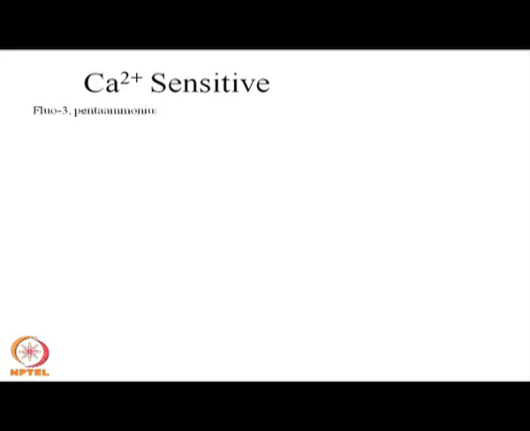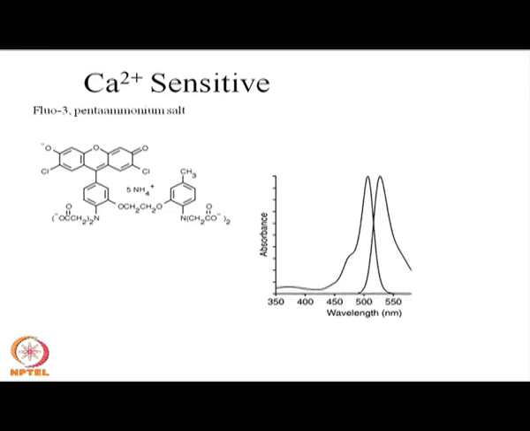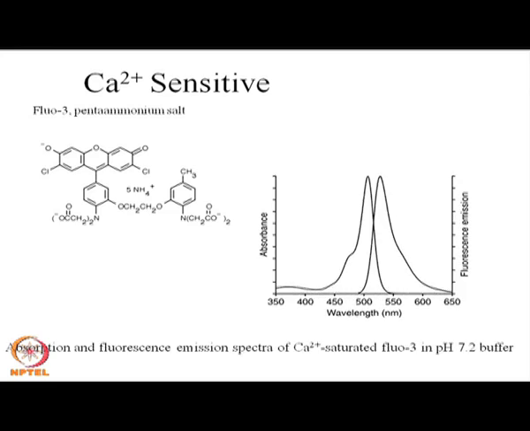So, an example could be a calcium 2 plus sensitive fluorophore. It is called fluo 3. It is a fluorescein based system, and it is very sensitive to calcium 2 plus. So, this is your absorbance spectra, this is your fluorescence spectra.